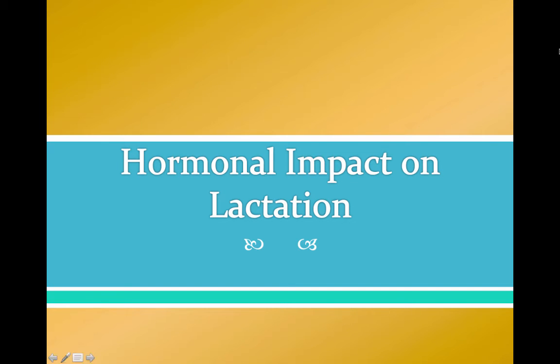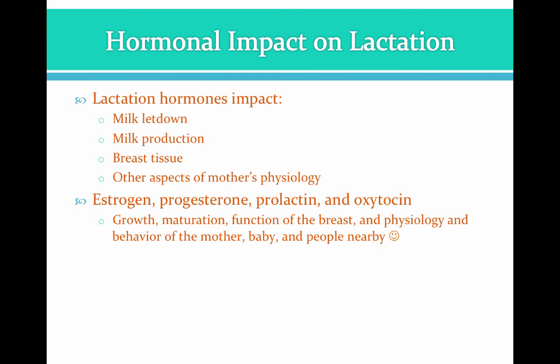So now we are going to talk about the hormonal impact on lactation. So we will talk about all of the cool hormones involved in the lactation process. Hormones have an impact on milk letdown, milk production, breast tissue, and other aspects of the mother's physiology.